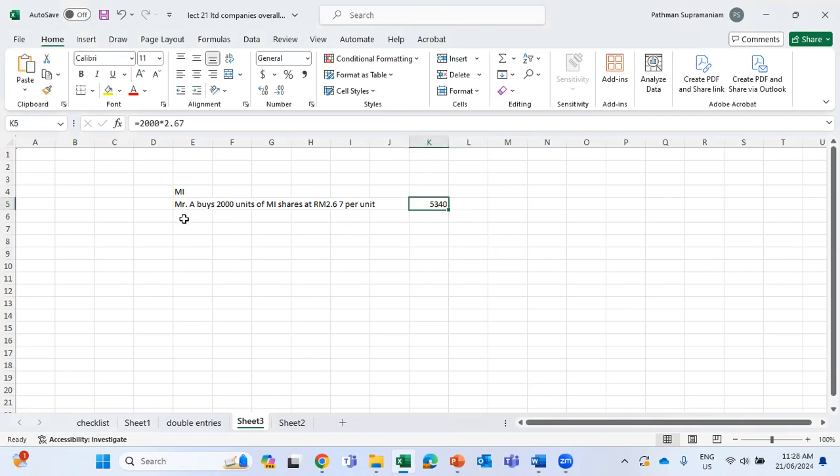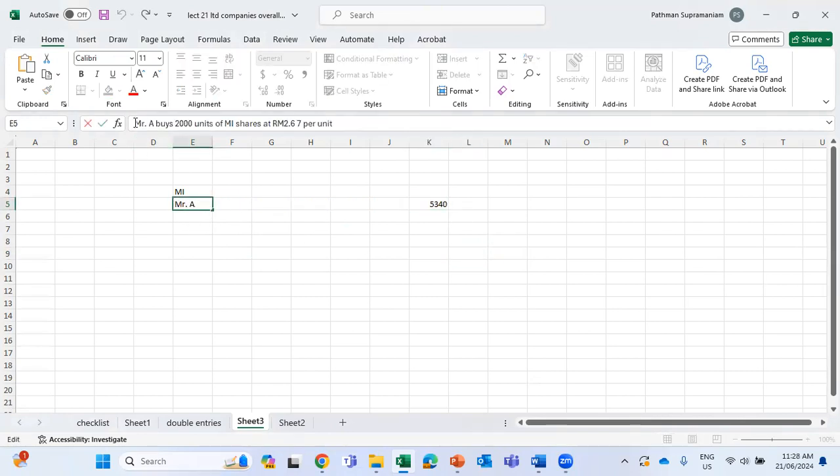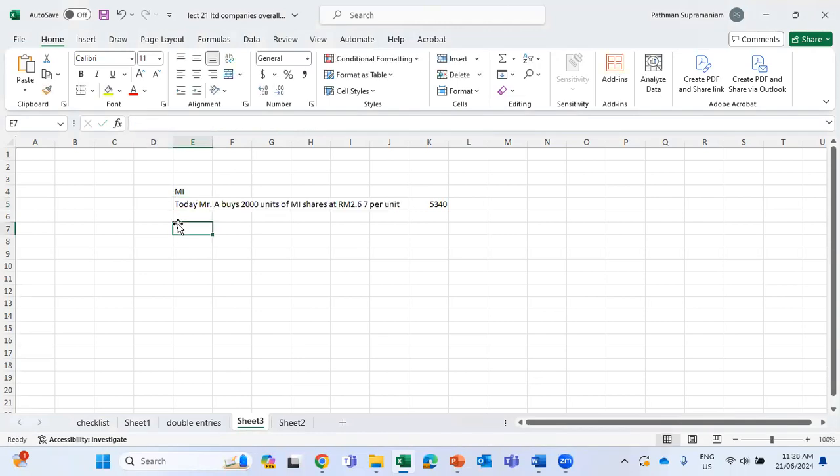Today. Then maybe 5 days later, in the stock exchange, share prices will go up and come down, go up and come down. So 5 days later, the share price went up.